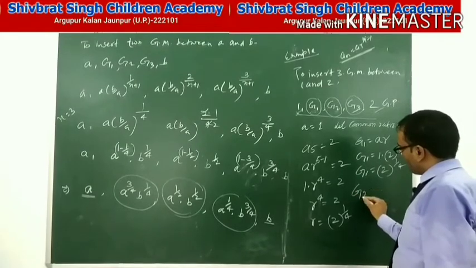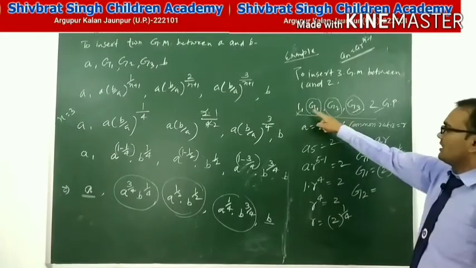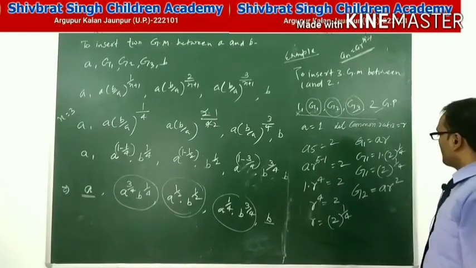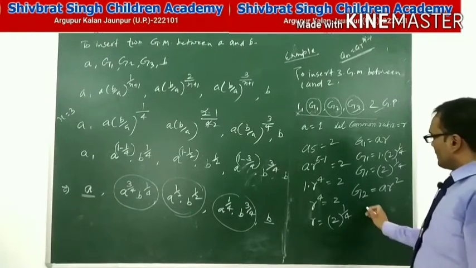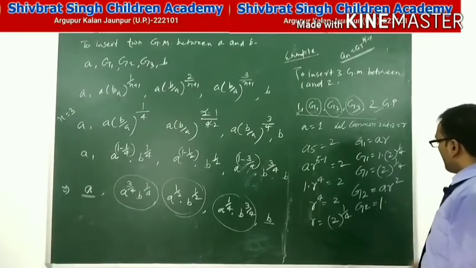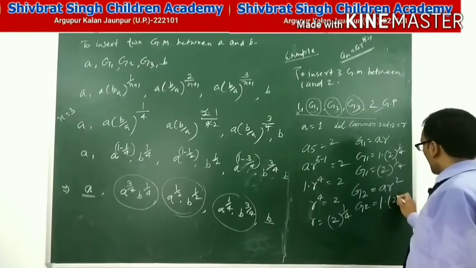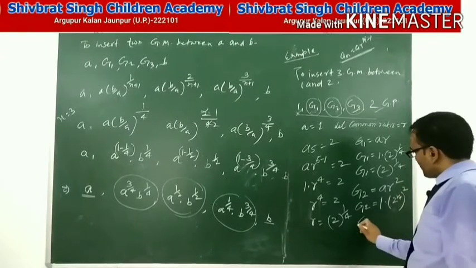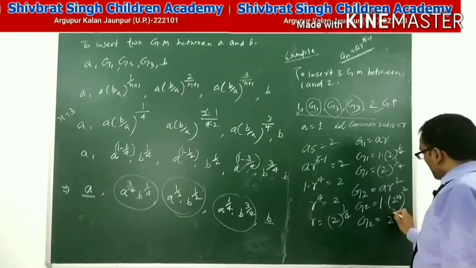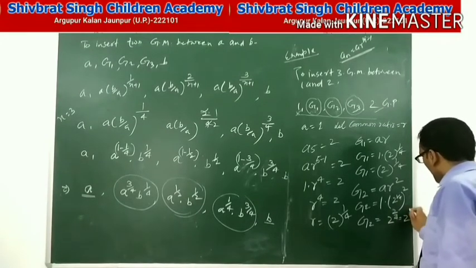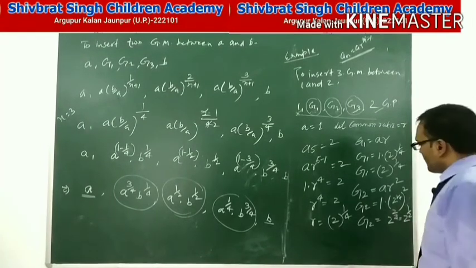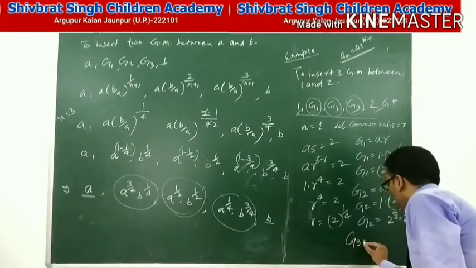Similarly we find the value of G2. G2 is the third term of this GP, that means a r to the power 2, with a equal to 1 and r equal to 2 to the power 1 by 4, raised to the power 2. G2 gives 2 to the power 2 by 4, that means 2 to the power 1 by 2. Similarly we find the value of G3.